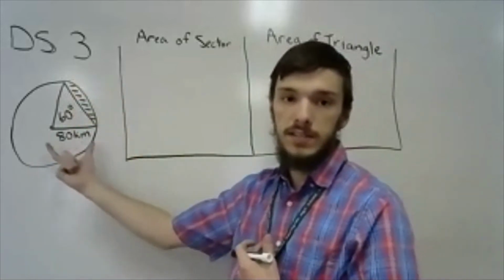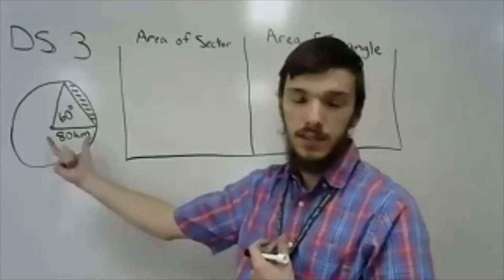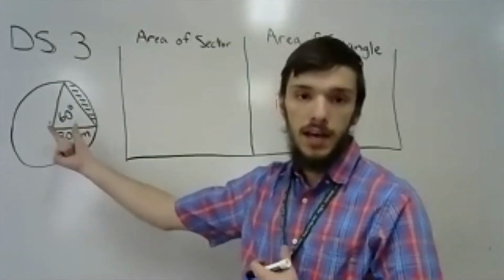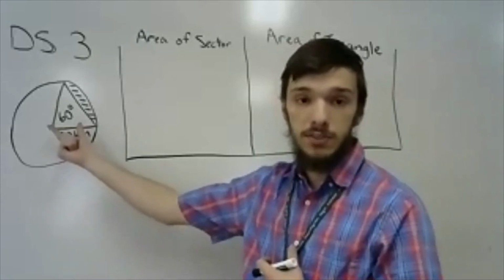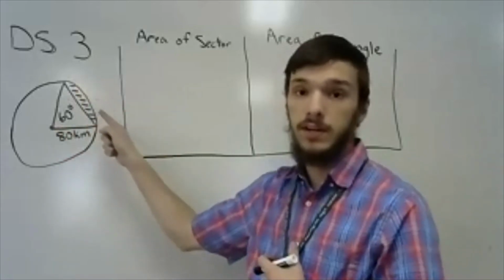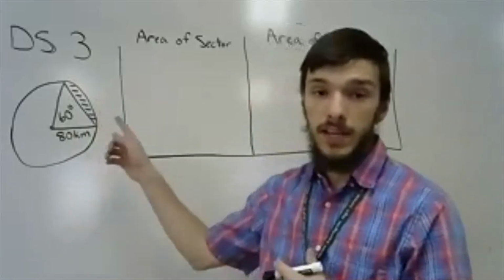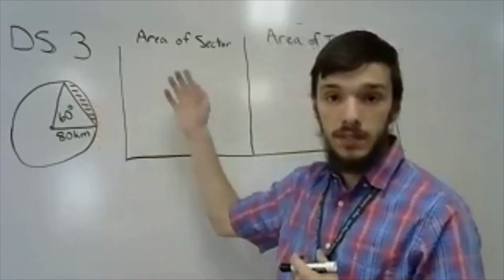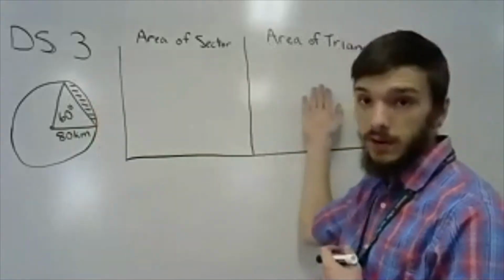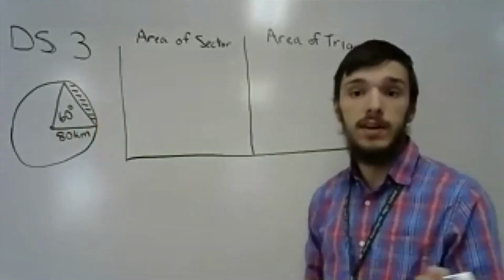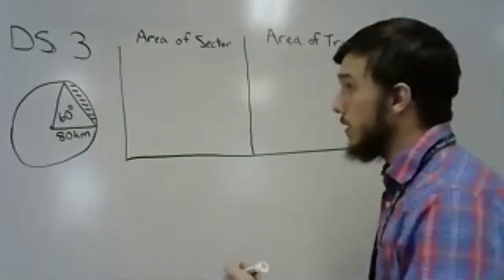And we have a radius of 80 kilometers, and a central angle, and thus a minor arc, of 60 degrees. So to find the area of the segment, we first need to find the area of the sector and the area of the triangle. So let's find the area of the sector real quick, right?